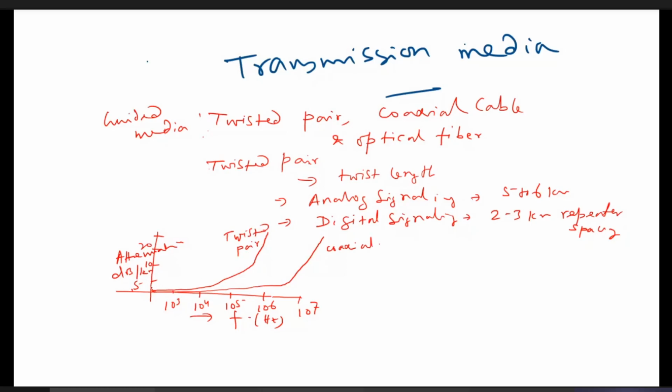But in the case of optical fiber, you see it is almost flat over a huge frequency range, up to terahertz. Attenuation is very low, around 0.2 dB per kilometer for optical fibers. In coaxial cables, yes, after 10 to the power 7, it is slightly better. You can see here.